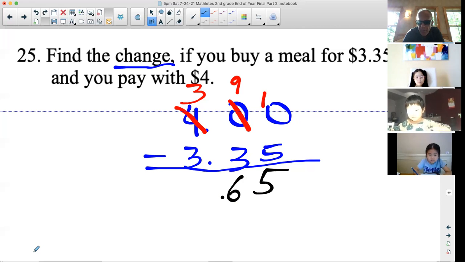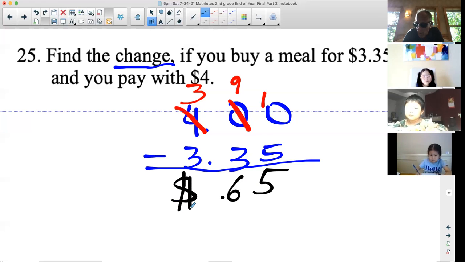We pay with a $4, maybe 4 $1 bills. The cost of the meal is $3.35. We subtract 335 from 400 and we get 65 cents. And that is because we made the 0 a 10.